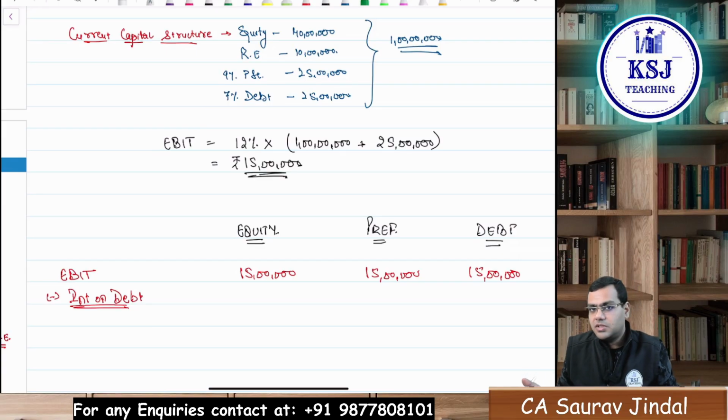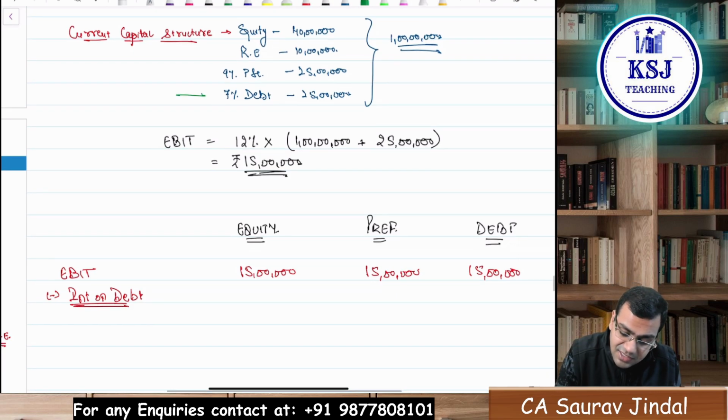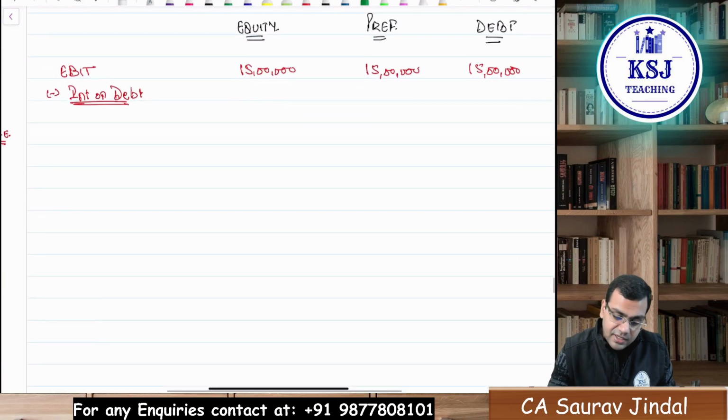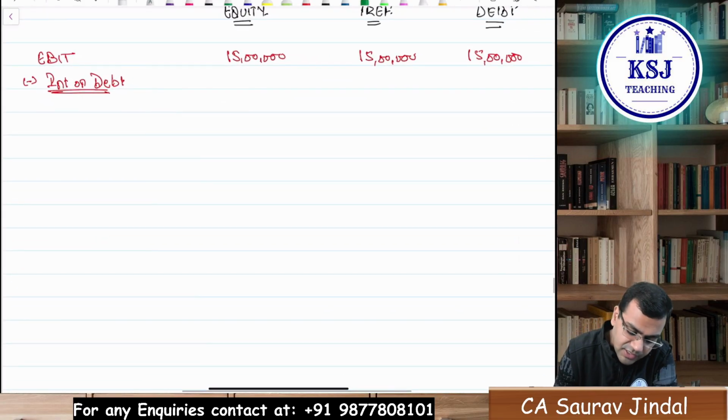How is it possible, sir? In the equity option, how is it possible? It is possible. Why? Because there is this existing debt of 7% which is there. This existing debt, the interest on existing debt, you please do not forget to take it, right? So interest on debt will take on the existing debt. What will be your interest?